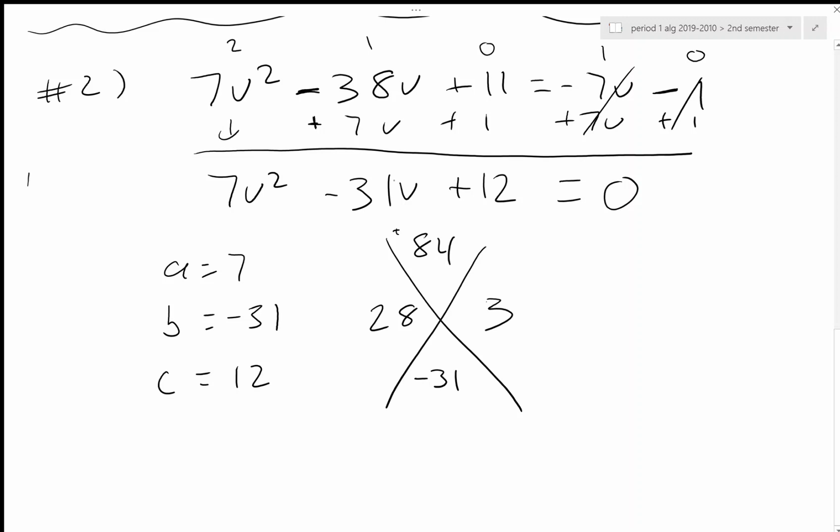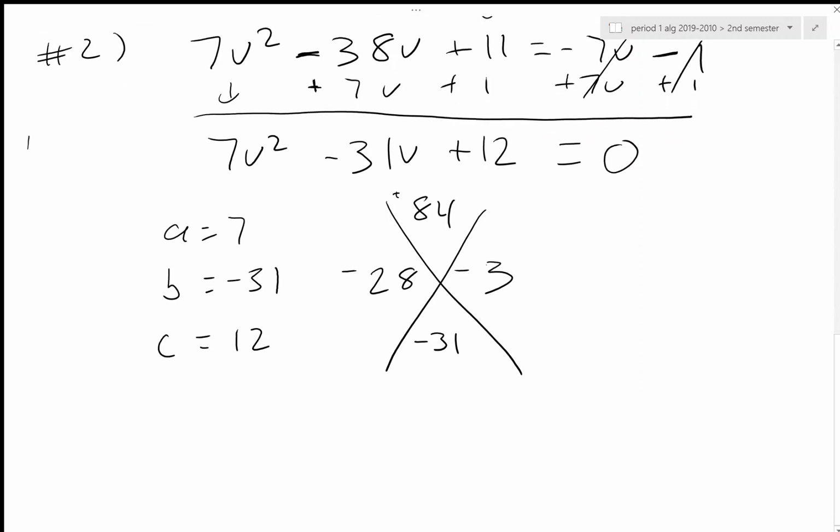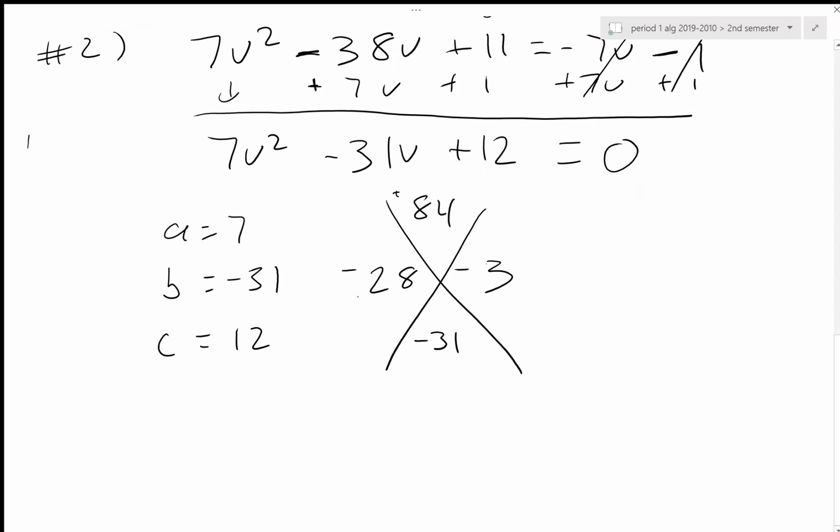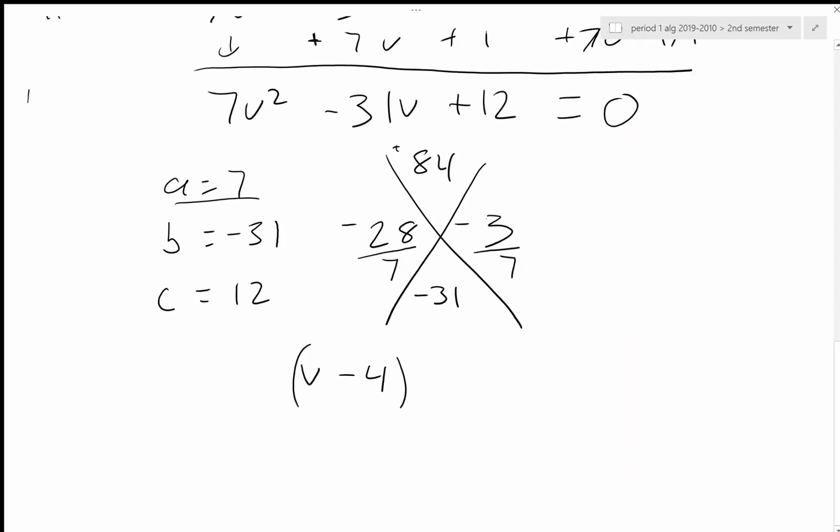When the top's positive and the bottom's negative, we have both negative. And this is a part where some of you guys forgot. Divide by 7, because that's what A is. So we get V. Negative 28 divided by 7 is negative 4. You can't divide 3 and 7, so we're going to put 7V minus 3 equals 0.